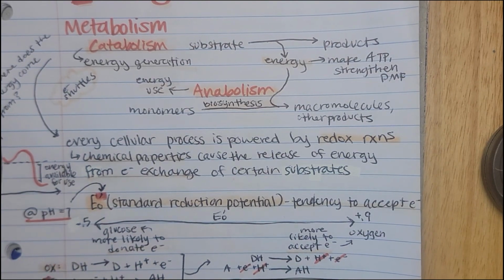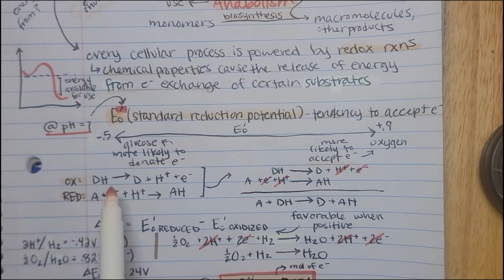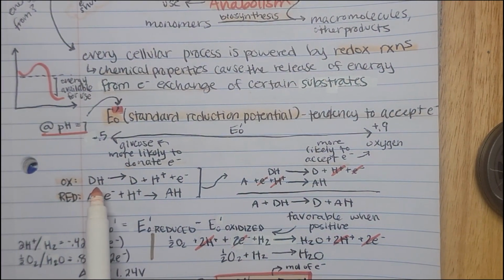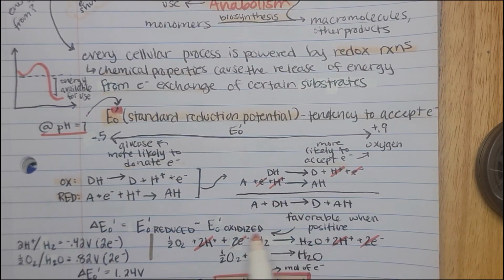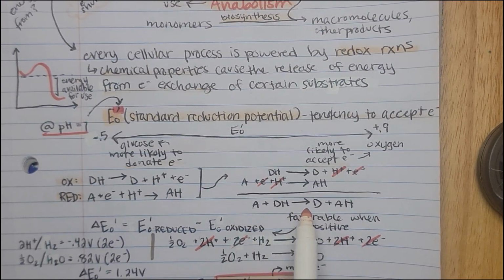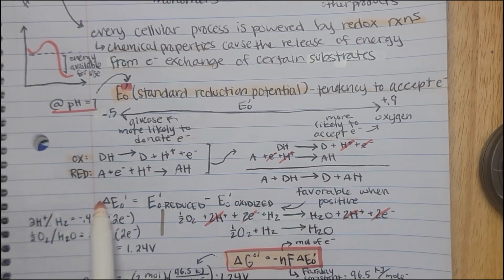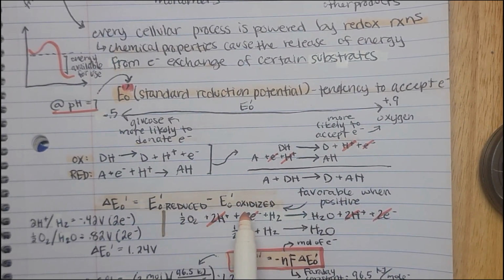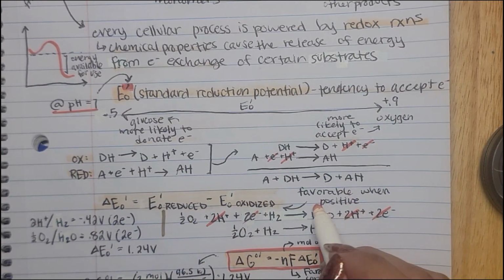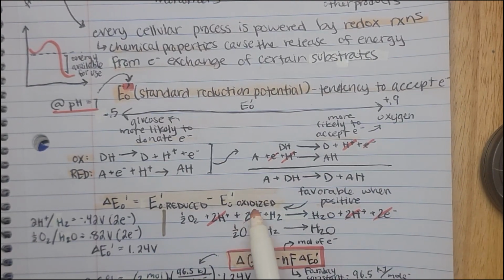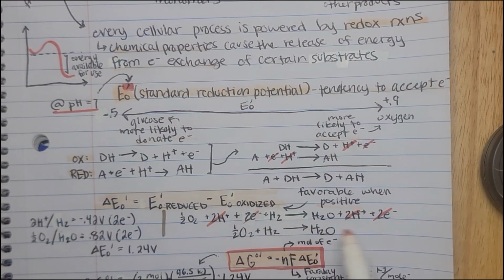Okay, so we have our oxidation and reduction half reactions, where we consider obviously our reactants, but also the electrons and the protons that are involved. And then we can use the Hess's law kind of idea to balance that. And we can solve for delta E naught by subtracting the oxidized standard reduction potential from the reduced standard reduction potential, and that's favorable when it's positive, because that means the thing that wants to be oxidized is, and the thing that wants to be reduced is.